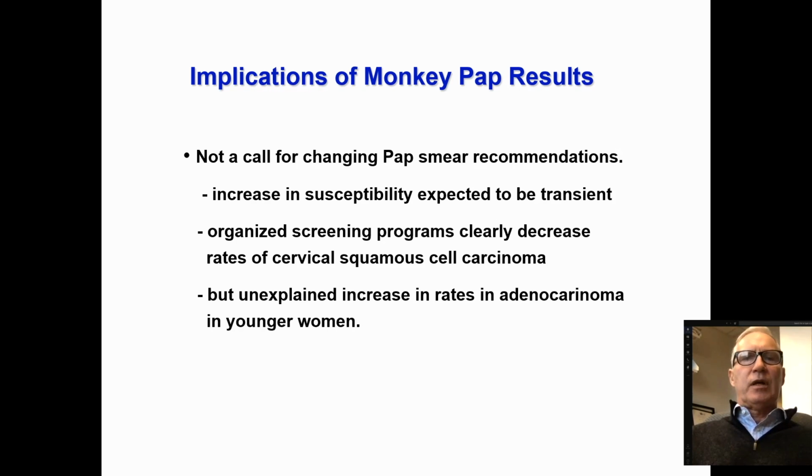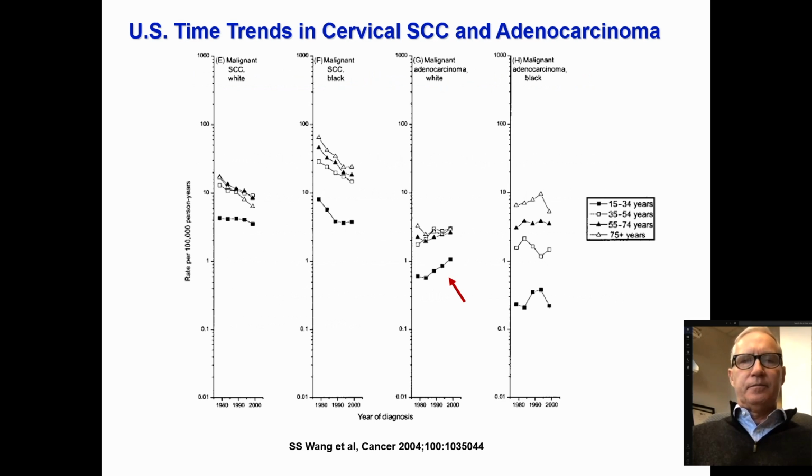And just to show you a couple bits of data, next slide. This is some data from the United States published in 2004, where if you look on the left, you can see the rates in Black and white women for squamous carcinomas are decreasing, but there's this marked increase, particularly among younger white women, in the incidence of adenocarcinoma.